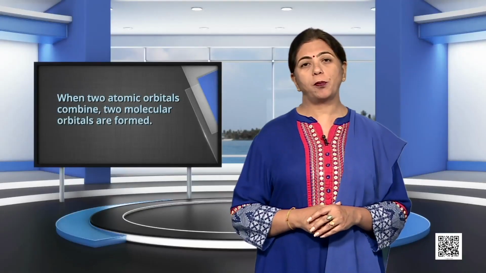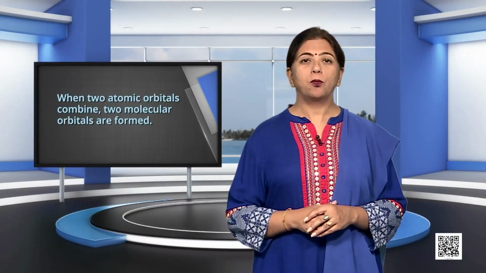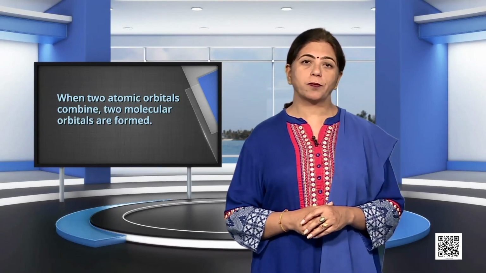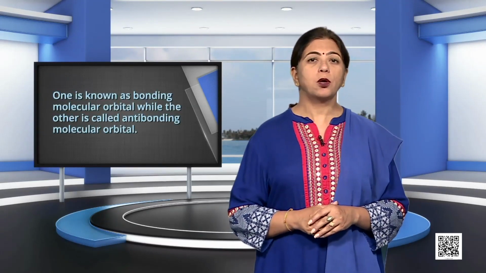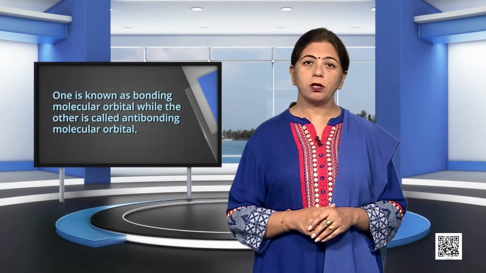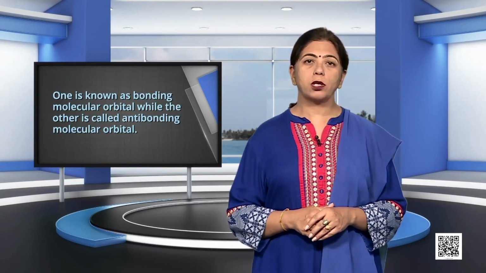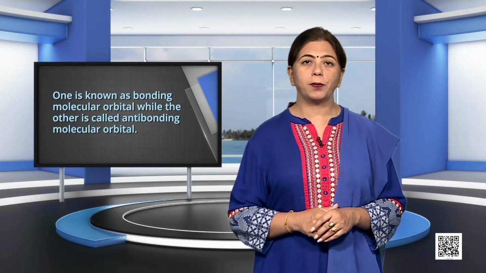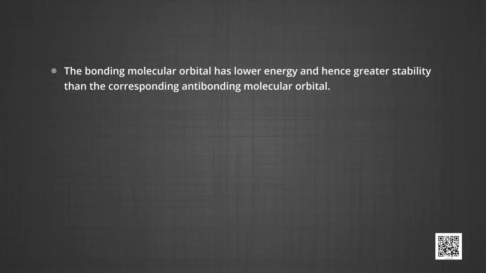When two atomic orbitals combine, two molecular orbitals are formed. One is known as bonding molecular orbital, while the other is called antibonding molecular orbital. The bonding molecular orbital has lower energy and hence greater stability than the corresponding antibonding molecular orbital.